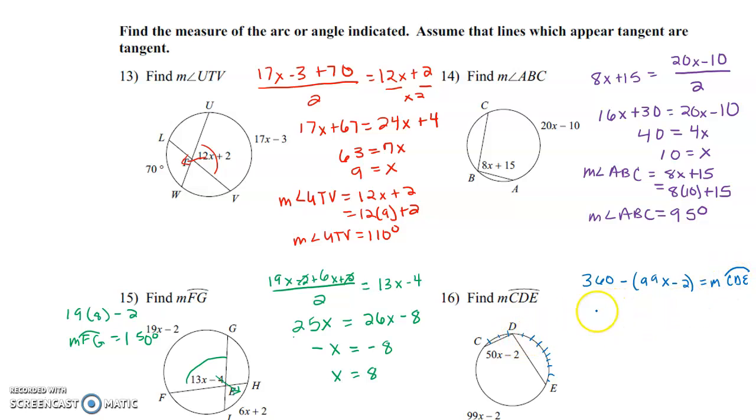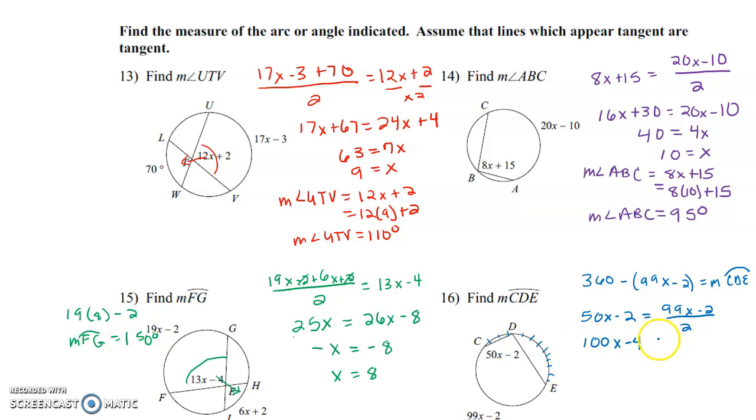Okay, so let me see if I can solve for x, and then I could solve for this 99x minus 2. I have an angle whose vertex is on the circle, so I know that this 50x minus 2, this angle, is equal to the arc of 99x minus 2 divided by 2. It's half the arc.